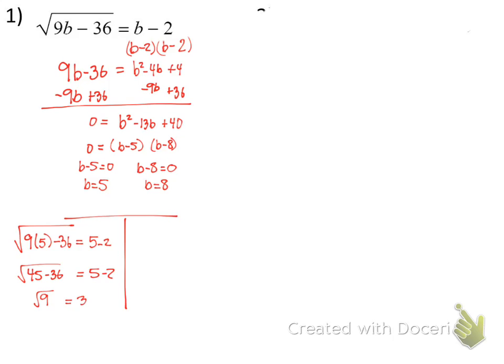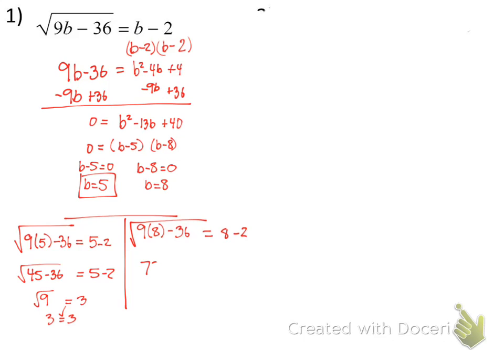And we ask ourselves, what's the square root of 9? It's 3. Is 3 equal to 3? Does this make sense? Yeah, it does. So then we know that this first solution is not extraneous. It's included. Checking 8 now, so we got 9 times 8 minus 36. Square root of this is equal to 8 minus 2.